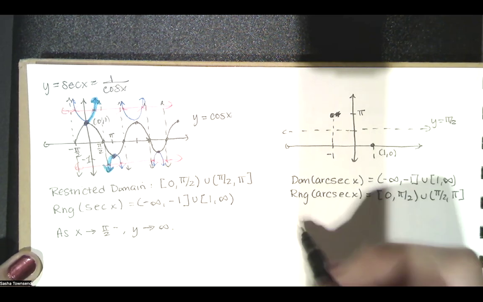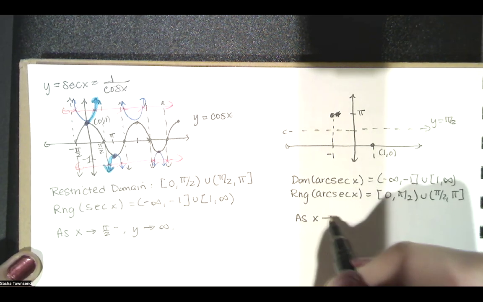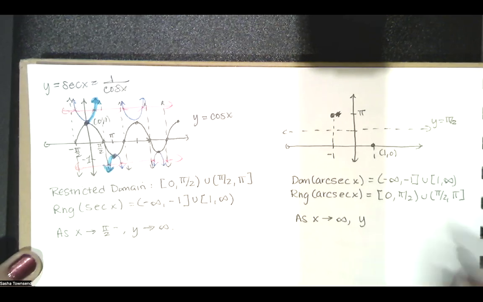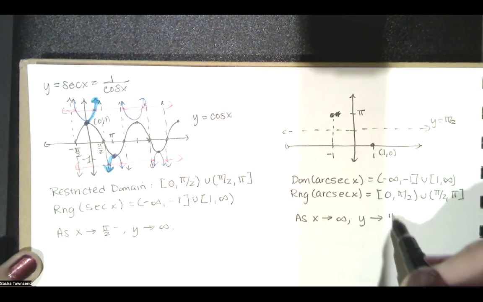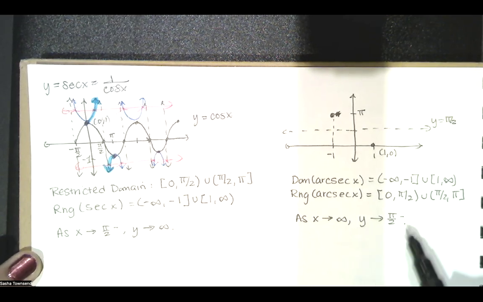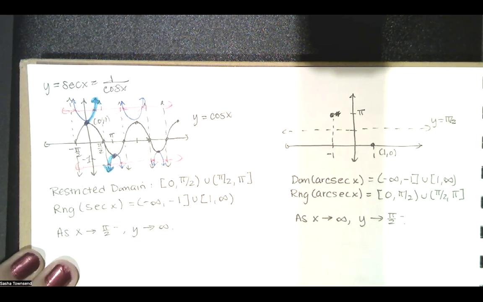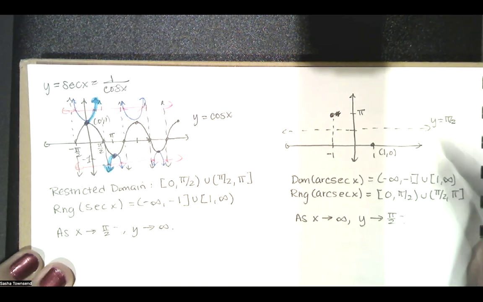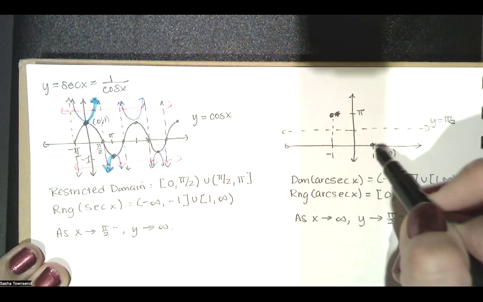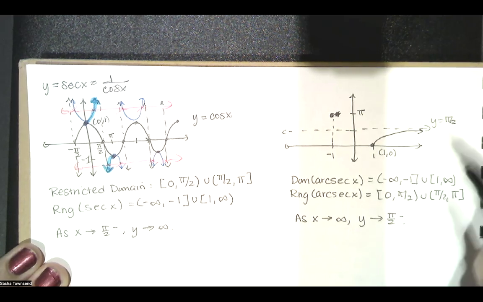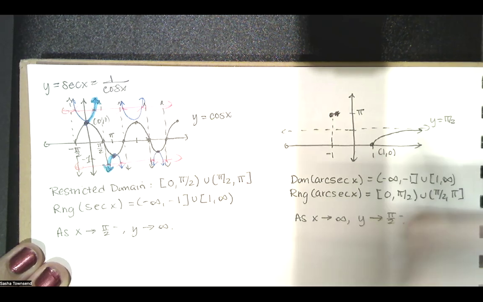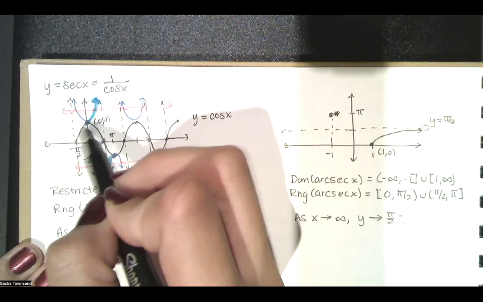So over here, as x goes to infinity, the y values approach pi over 2 from the left. Now, when I say pi over 2 from the left, it's not really left anymore. It's sort of from the bottom, from y values that are below pi over 2. So as x goes to infinity, we're going to approach pi over 2 like this. So this part of the graph corresponds to that part of the graph.